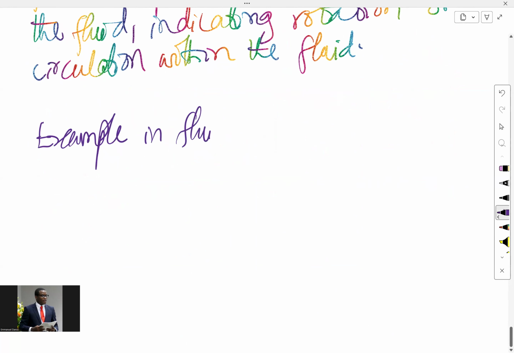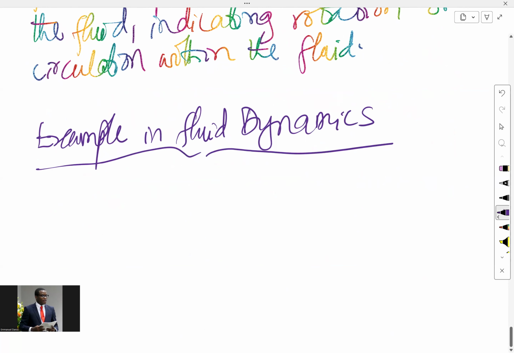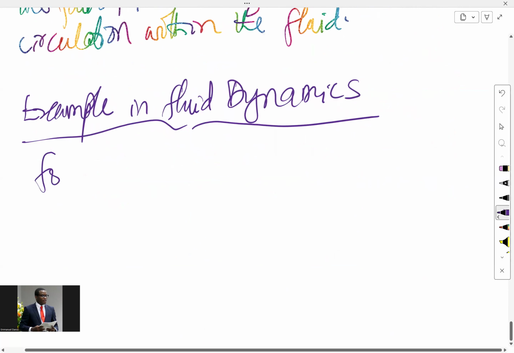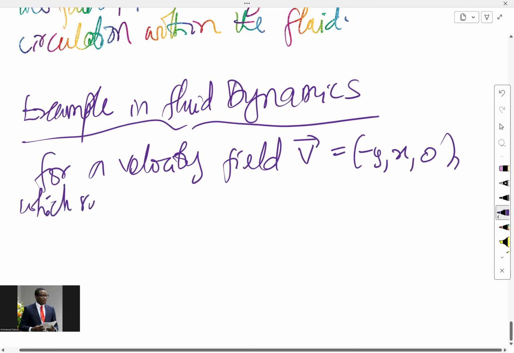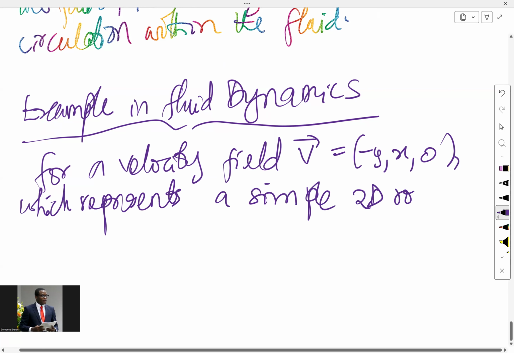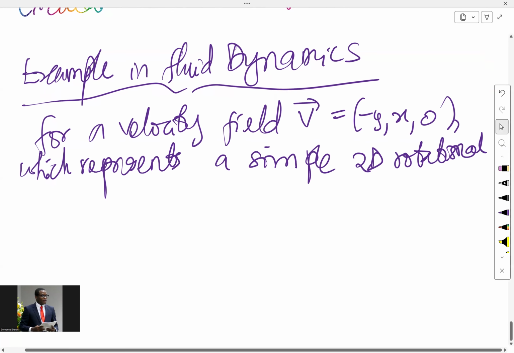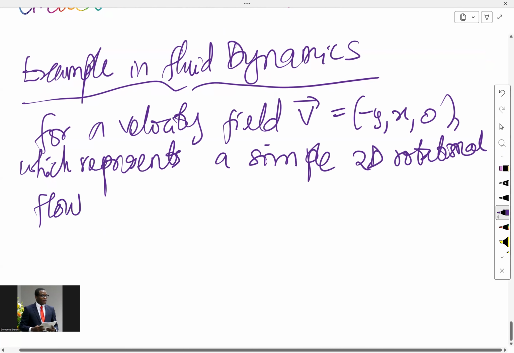For a velocity field V equal to (minus y, x, 0), which represents a simple 2D rotational flow. It's 2D because the third part is 0.